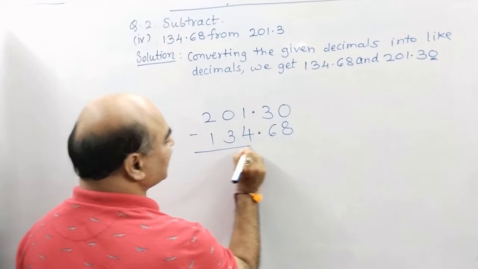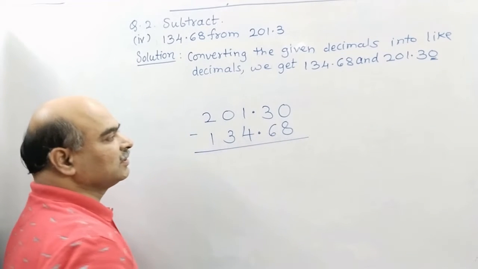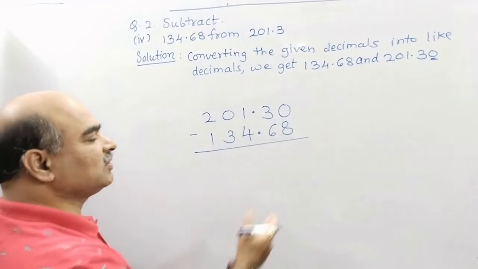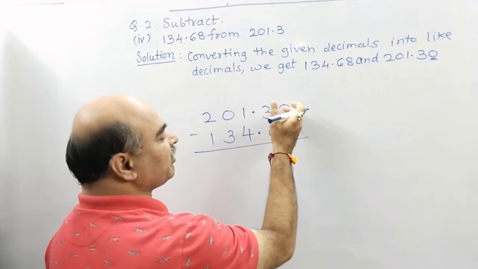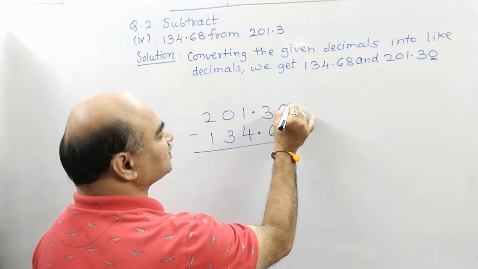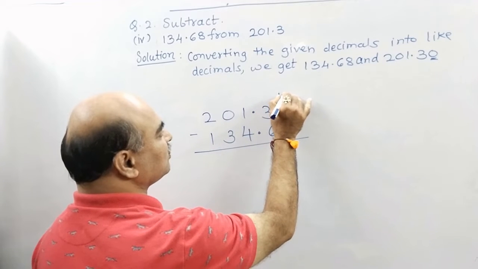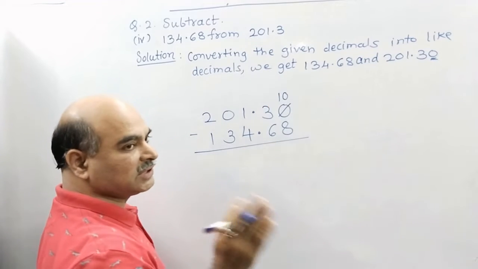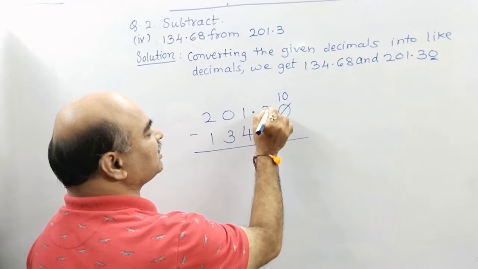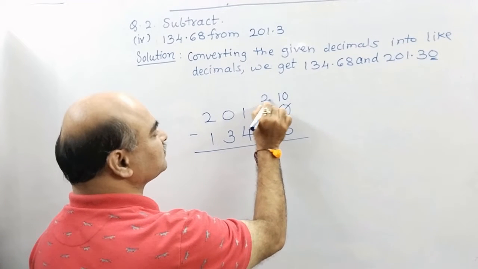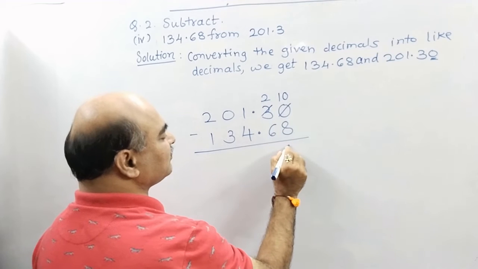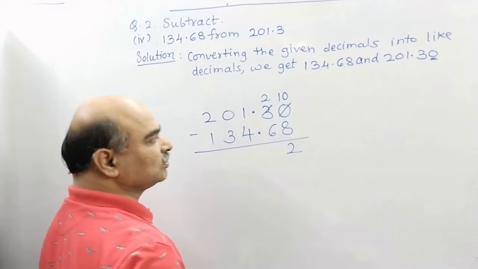So we have to do this subtraction now. First place, from right to left we have to go. 0 minus 8 is not possible, so we borrow 1 from this, so 0 becomes 10. As we borrow 1 from this, 3 becomes 2 now. So 10 minus 8, we get the answer 2.